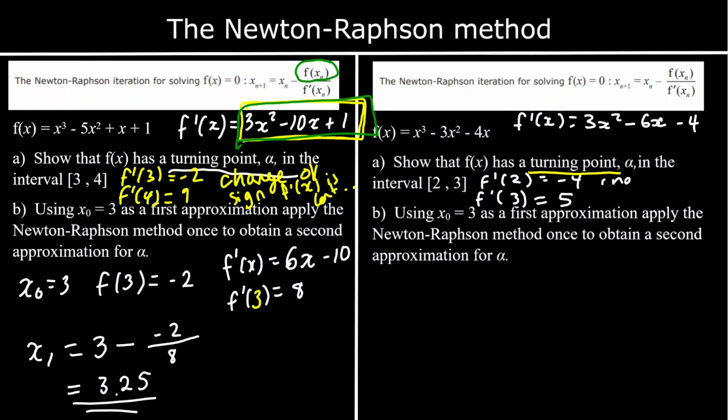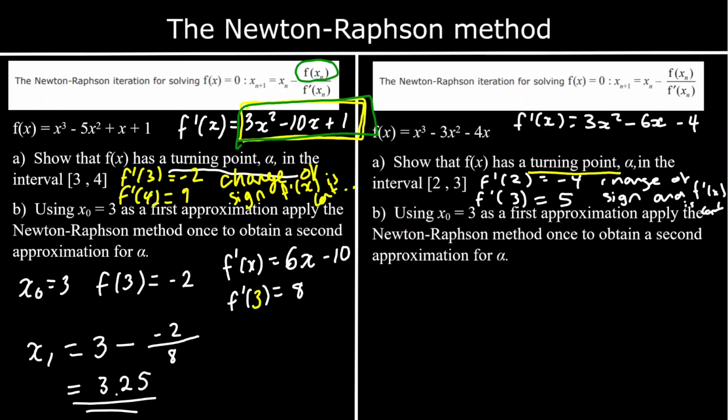So again, change of sign, continuous function, therefore alpha in this interval. Then the Newton-Raphson method. So we're going to obtain a second approximation.